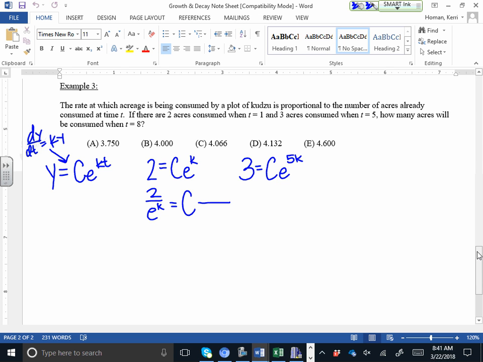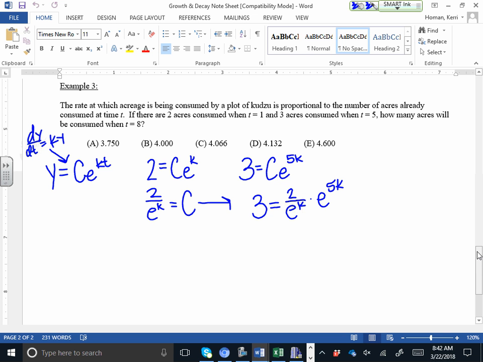So then I can come over here and I can write, well, instead of C, I can write 2 over e to the k. Okay. 2 over e to the k times 5, times e to the 5k.